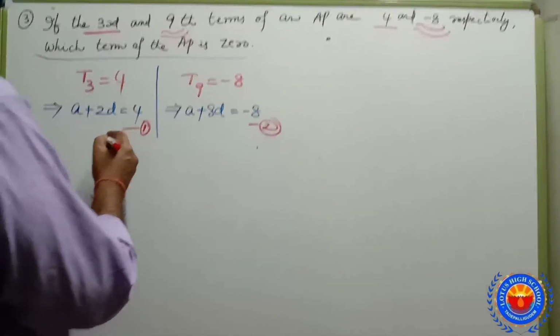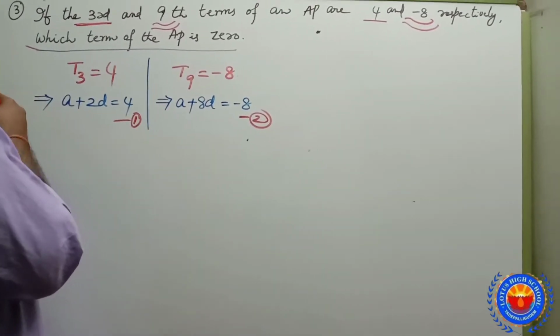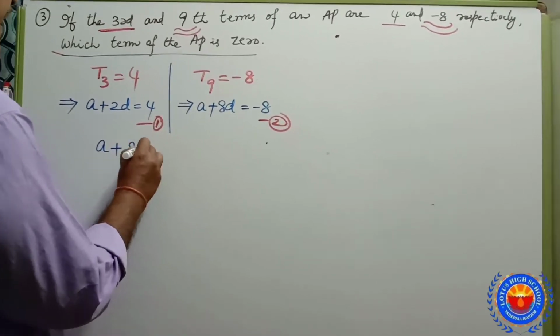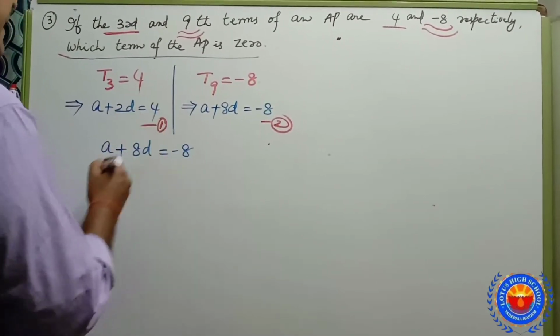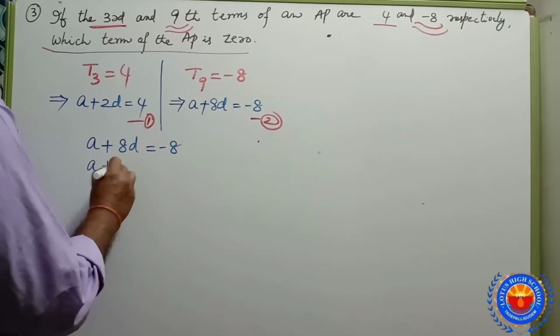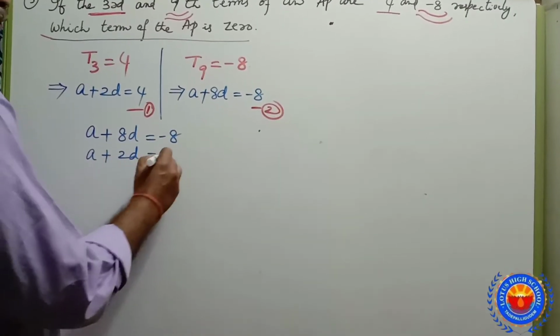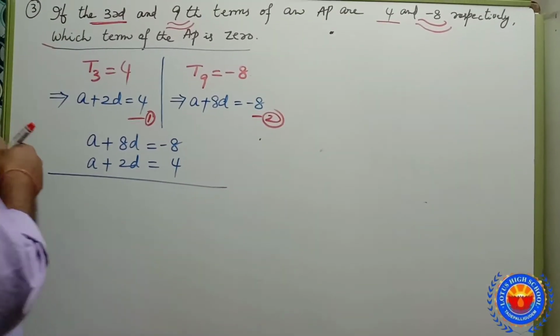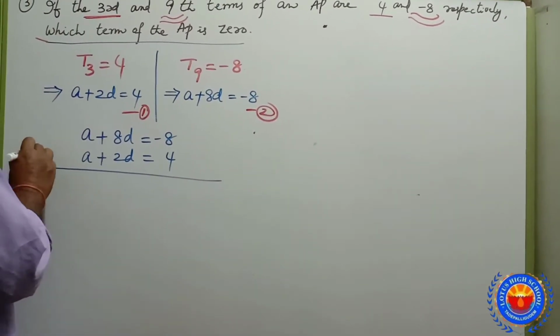Here I can take the first equation or the second equation. A plus 8D is equal to minus 8 and A plus 2D is equal to 4. Solve these two. Here it is subtraction.